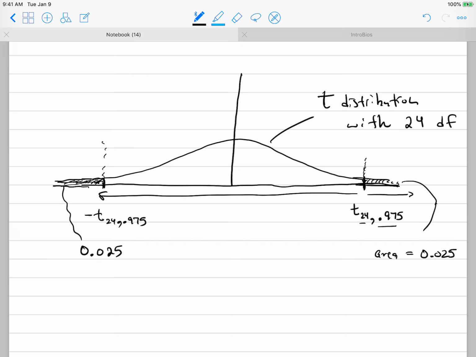Okay, so if the area in the tails, so out here is 0.025, out here is 0.025, and since this guy's obviously a distribution, it means the area inside here should be 95%.